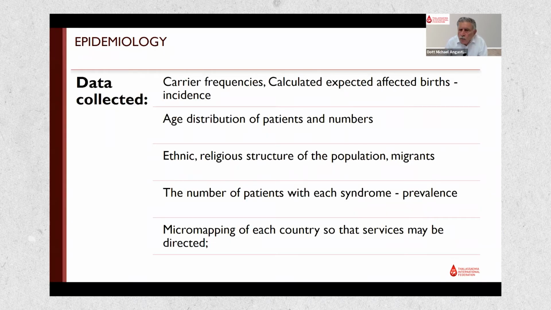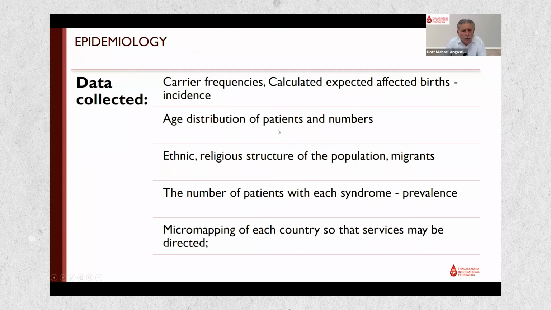What kind of data can we extract, if you like, from a registry? It depends on what we want, on what the planners want. But certainly carrier frequencies from which we can calculate the expected affected births. Therefore, how many patients are we expecting to be added every year?